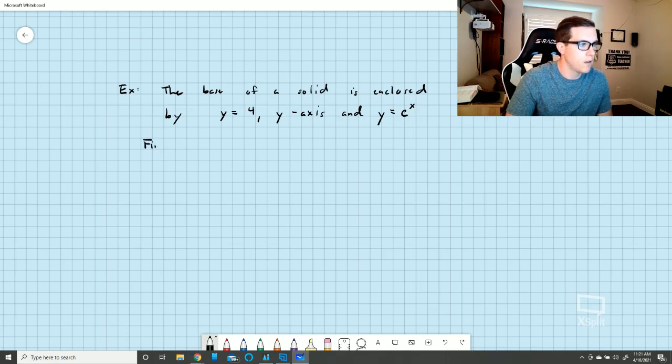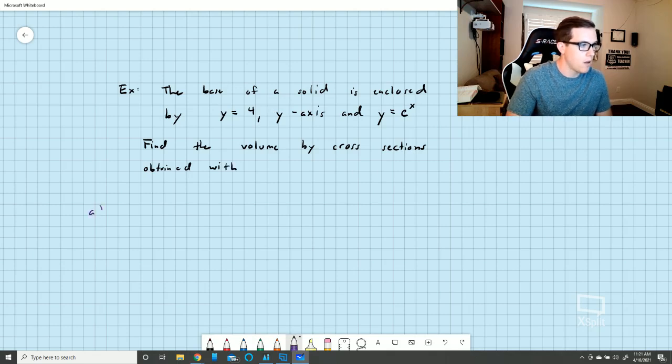Find the volume by cross sections obtained with, and here we go, two different examples.